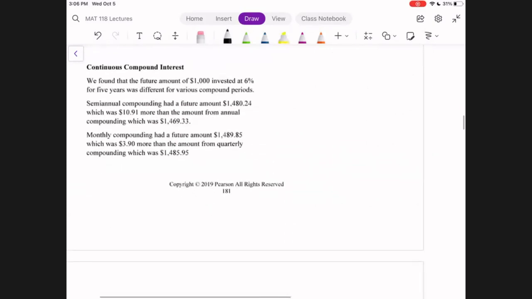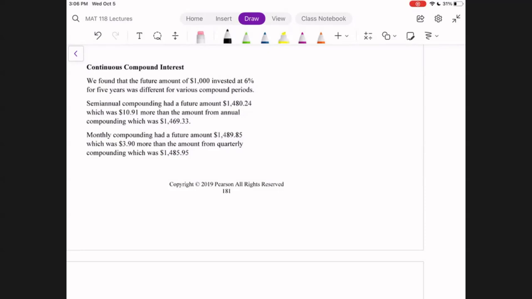Okay. So the next part we'll talk about is what happens if we want to do something called the continuous compound. This means you compound at every possible moment. When you earn interest, it's going to keep compounding. So this is more than 365. Like it's continuously doing it at every possible moment. Okay.